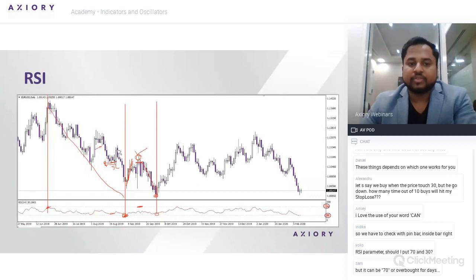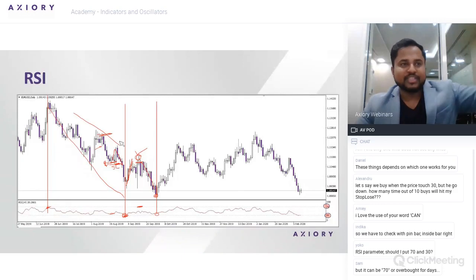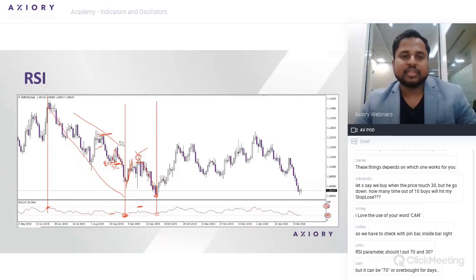If you book from here, it is fine. But if you keep the take profit here, the price reaches here, then comes down and hits your stop loss. Ideally, what is the trend here? The trend is down, so you prefer to sell with the trend.